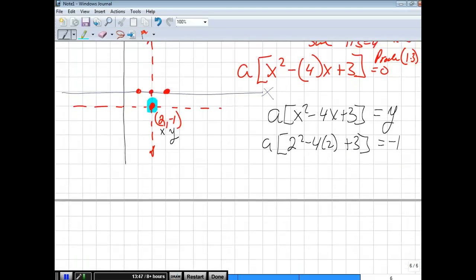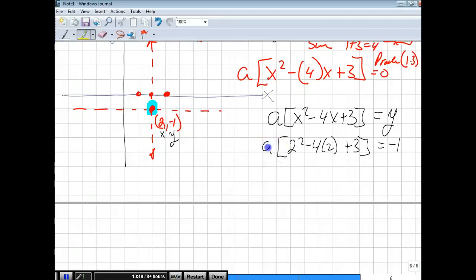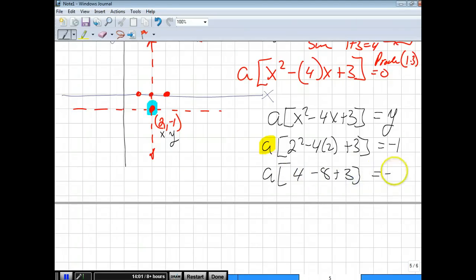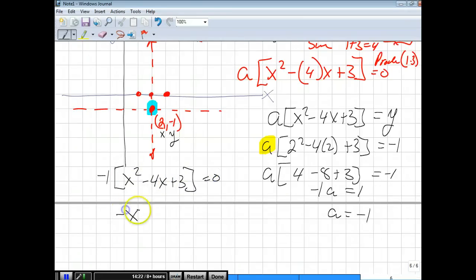And now notice that I only have one unknown in this equation, and I can solve for that unknown. So I have 4 minus 8 plus 3. So it's -4 plus 3 is -1. So it's -1, a equals 1. So a has to equal -1. So I have -1 times x squared minus 4x plus 3 equals 0. So it's -x squared plus 4x minus 3 equals 0.